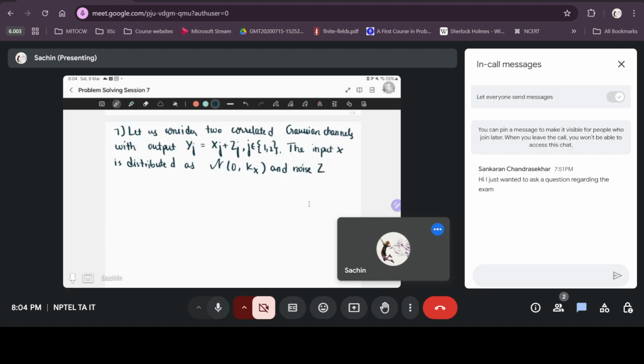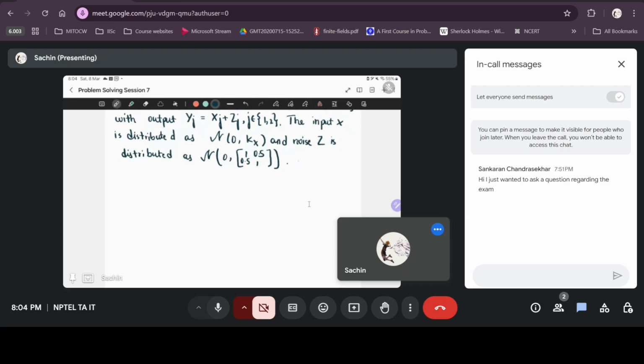Noise Z is distributed as normal with the matrix 1, 0.5, 0.5, 1, for an average power constraint of 1 watt.